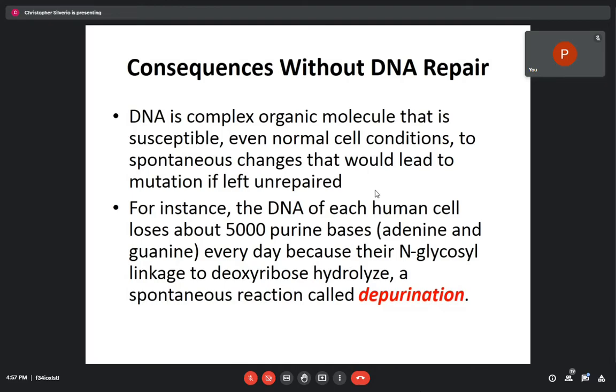It has only now a sugar and a phosphate group. And that is what we call depurination, the removal of purine from the nucleotide.